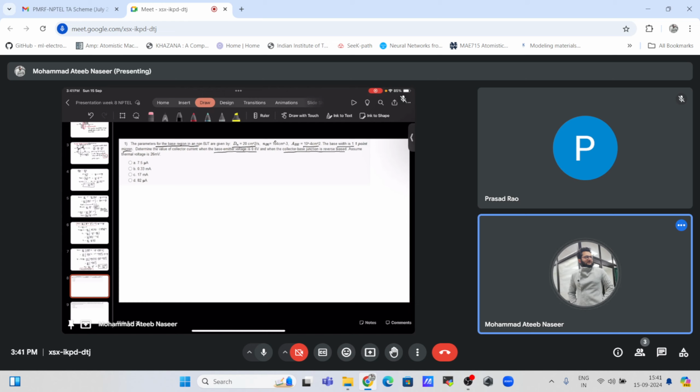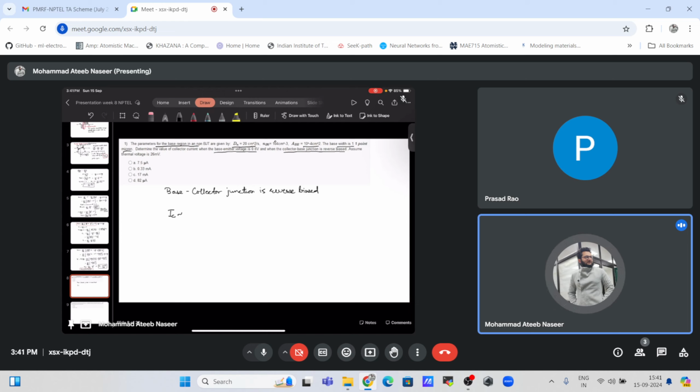So the base collector junction is reverse bias. Now the collector current can be simply given.